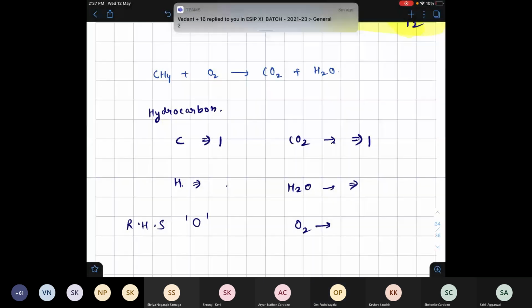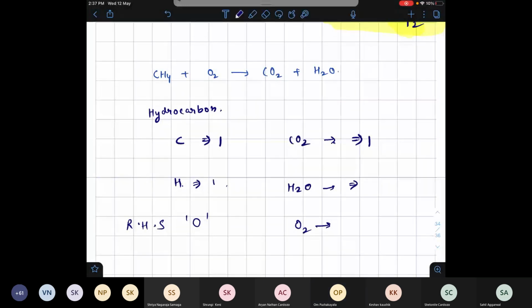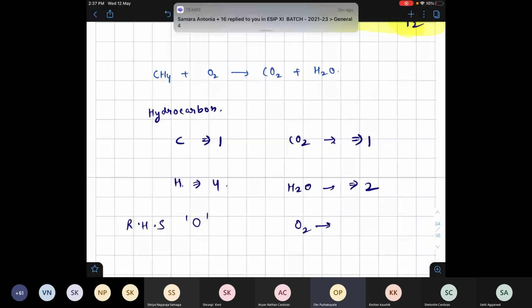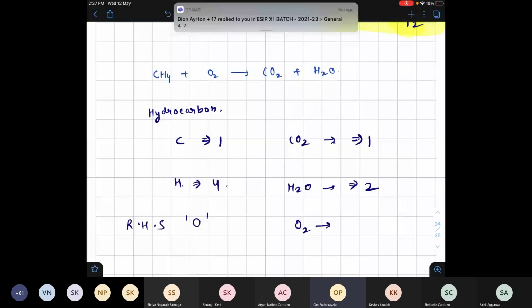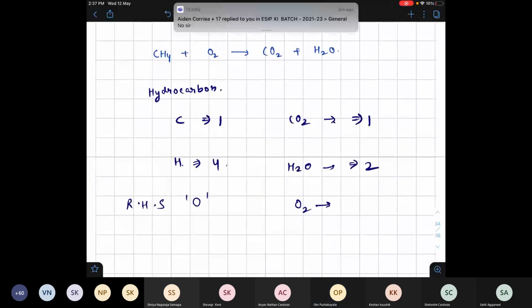Hydrogen in hydrocarbon is 4. So this will be 2. Any doubt? Now put those numbers.